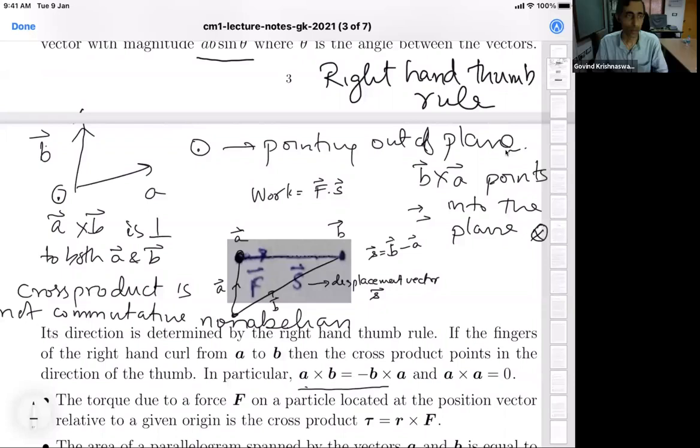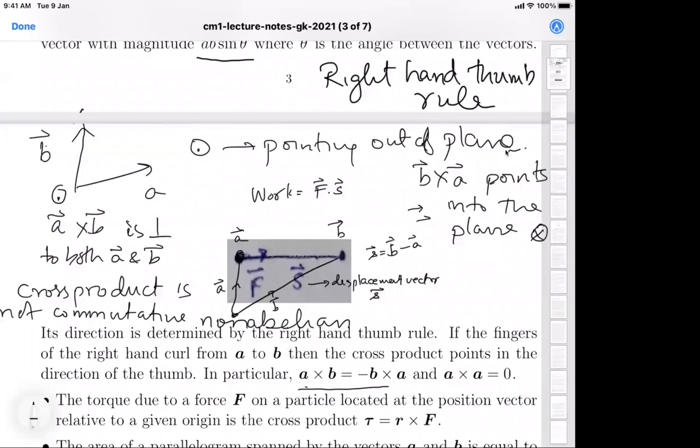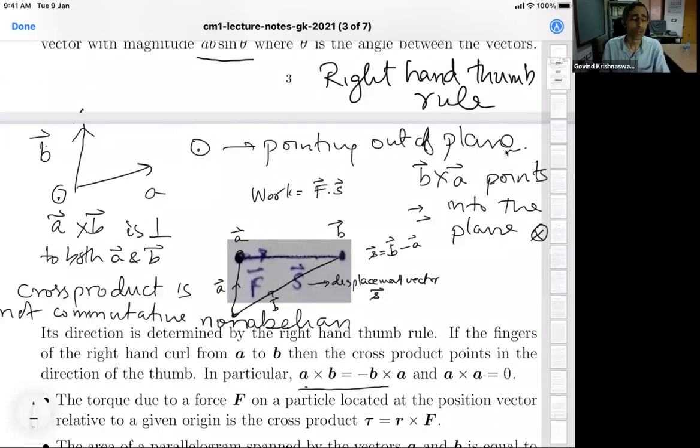Hello. Yes. So what is the difference between the scalar 0 and the 0 vector? I mean, the 0 vector doesn't have a specified direction. Very good question. The scalar 0 is a real number. It's just one real number. The vector 0 is not just a single real number.